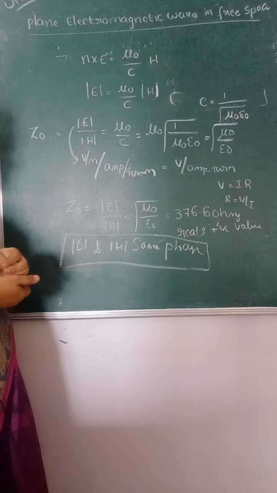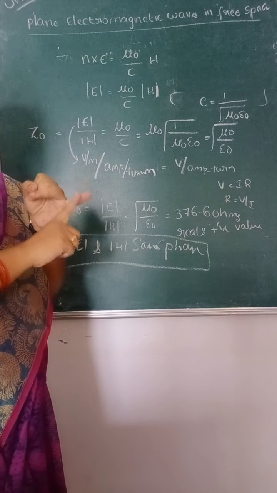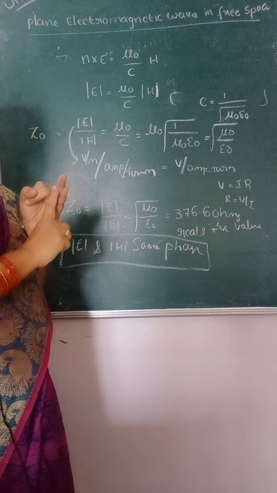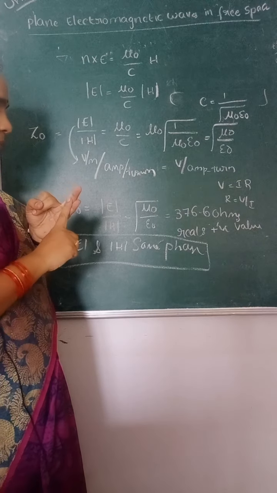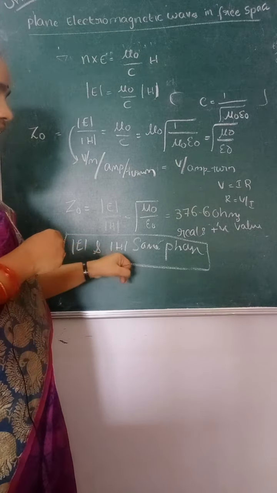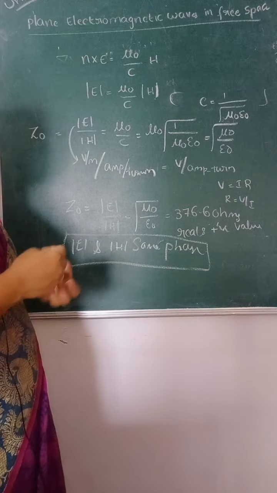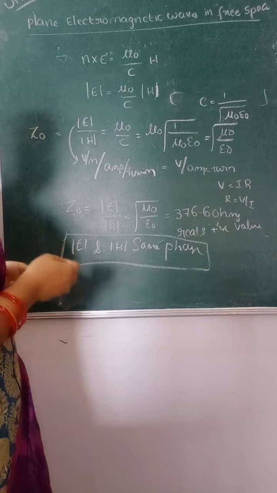So we have derived the third conclusion. First, in free space, electromagnetic waves travel with the velocity of light. Second, the vectors E, H and K are mutually perpendicular. The third point is that the electric and magnetic field vectors are in the same phase. These are the three summary points of the plane electromagnetic wave in free space.